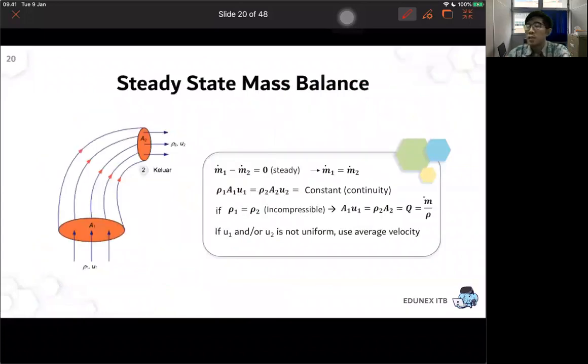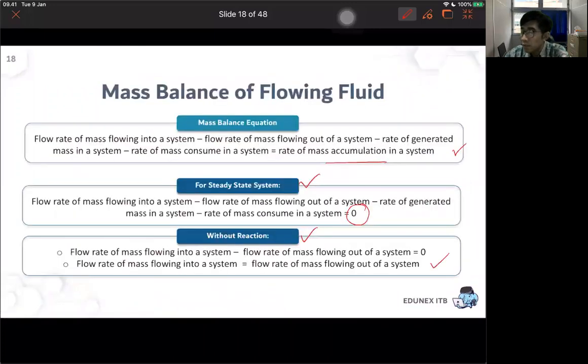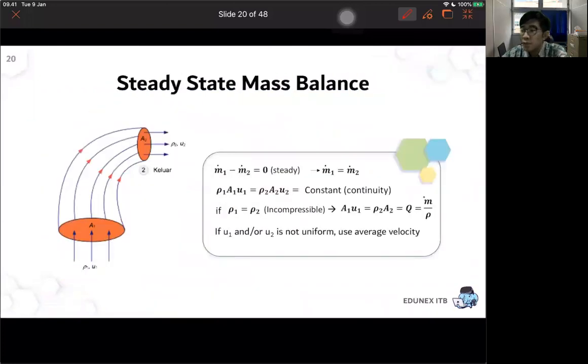Okay, now for the steady state mass balance. From the final equation from this one, if the liquid is flowing from point 1 to point 2, along the travel, along the flow, the mass flow rate will always be constant.